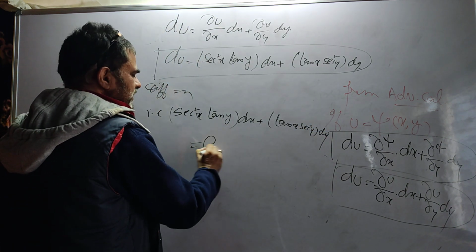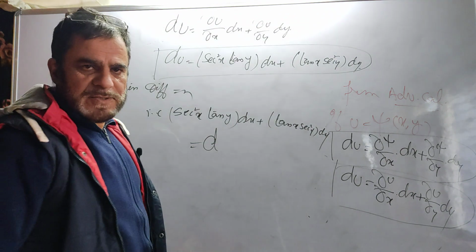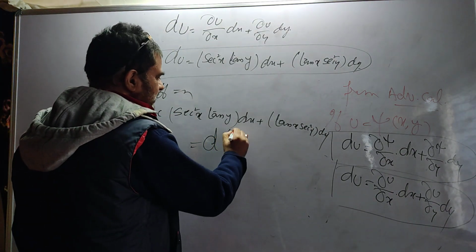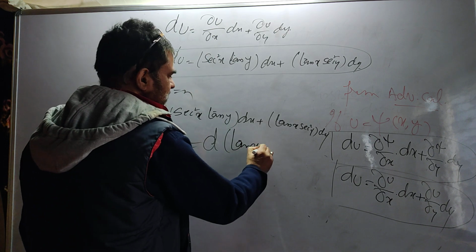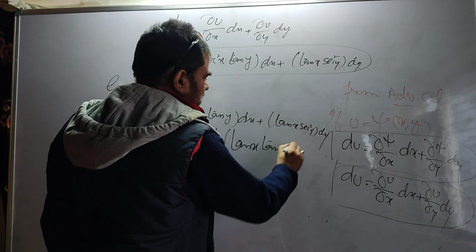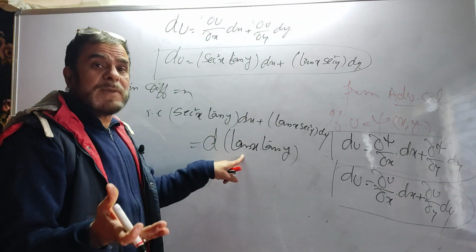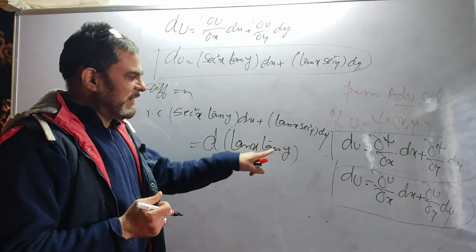You could write it as d of, that is the total differential, the exact derivative of what? It is an exact derivative of tan x tan y. So the given differential equation is the exact derivative of some function of x and y. What was that? Tan x tan y.